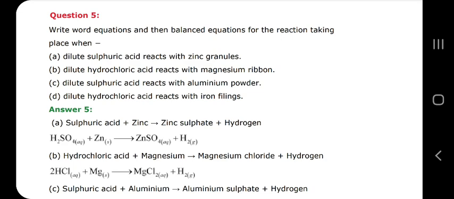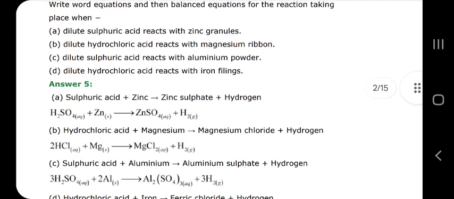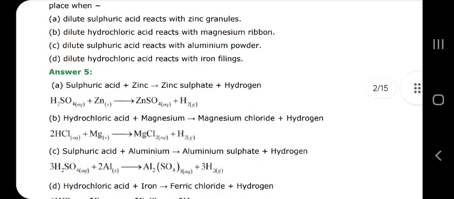So the answer of question number 5 is as follows: sulfuric acid plus zinc.